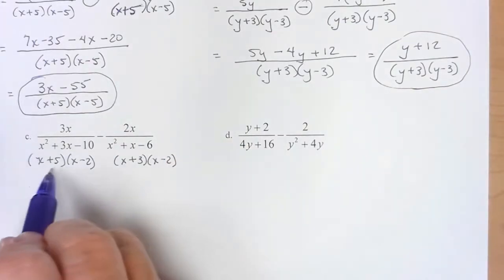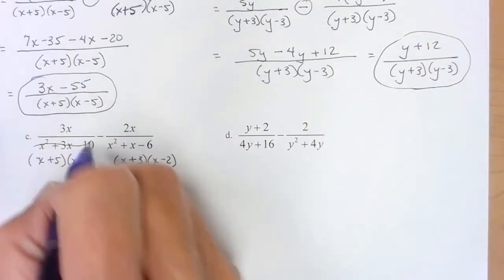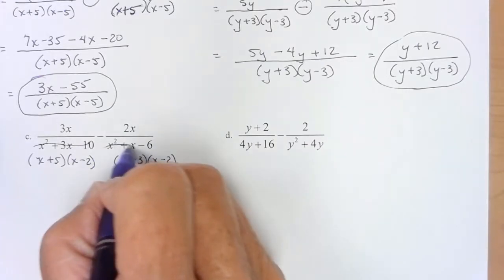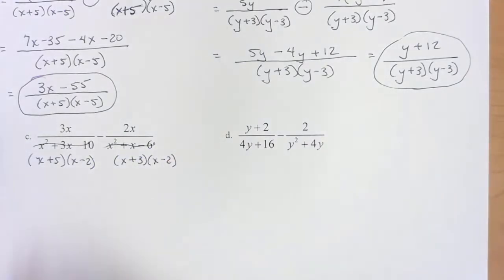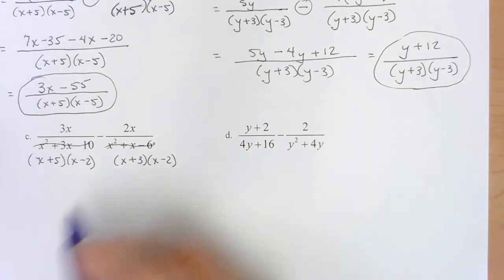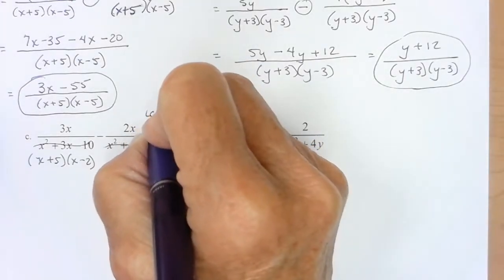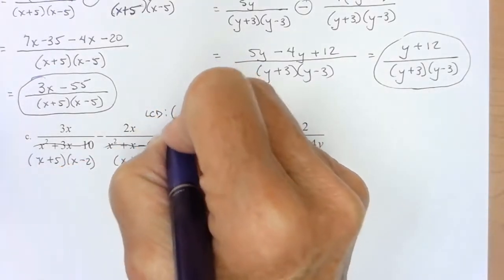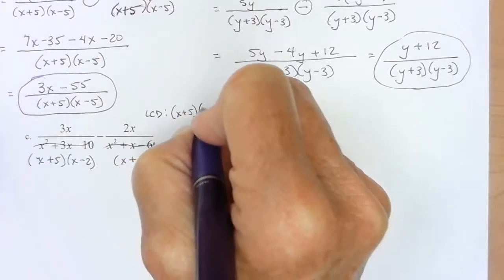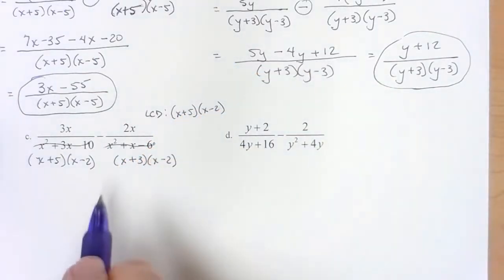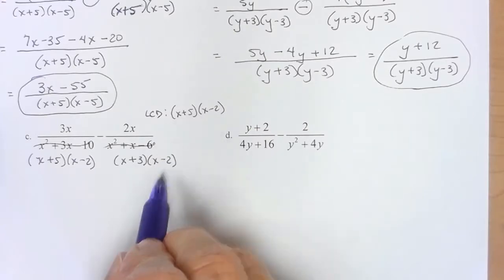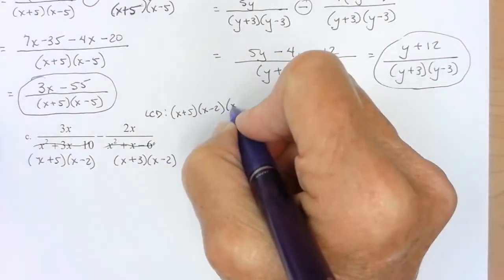Remember to FOIL those, double check, make sure that your factors are in fact what you need for that particular trinomial. So now my LCD, put it over here. Let me take my first one and get any factor that is not included in that, so that would be my x plus 3.